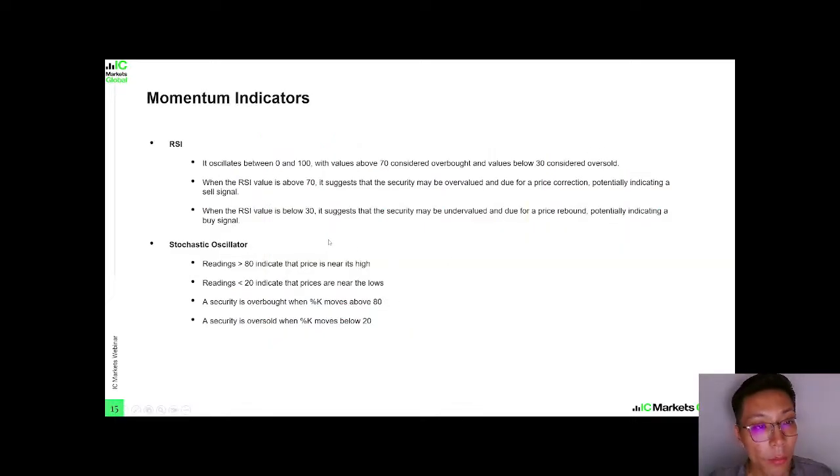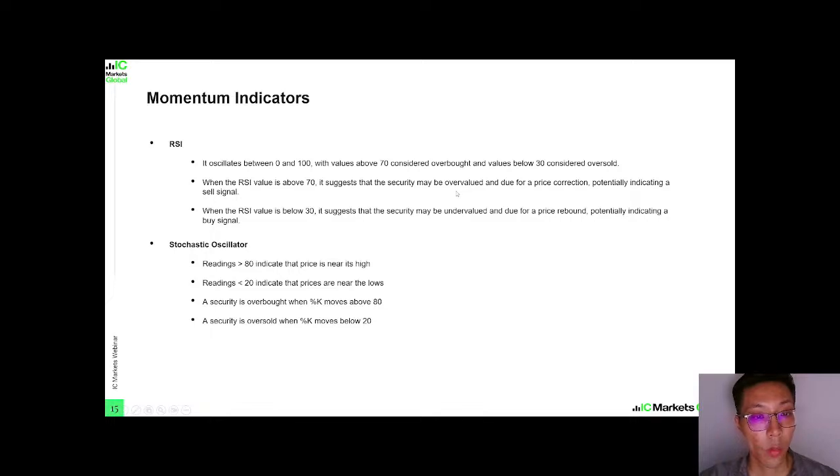Other momentum indicators that you might ask about are RSI as well as the stochastic oscillator. I'm sure most of you would know RSI. Basically, when the RSI value is above 70, it suggests that it is overvalued and there might be a price correction, indicating a sell signal.